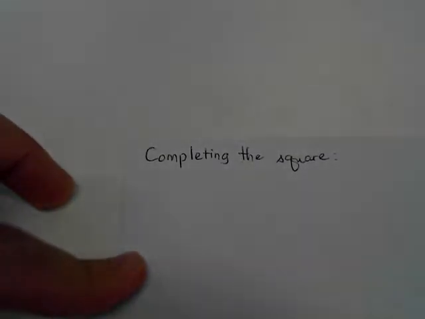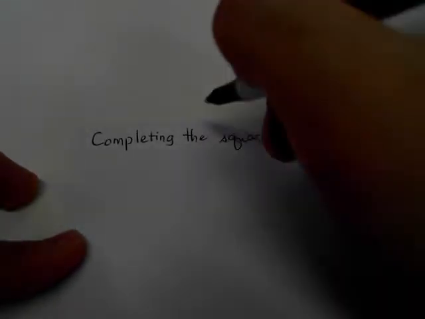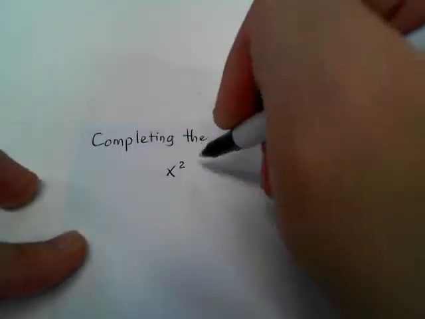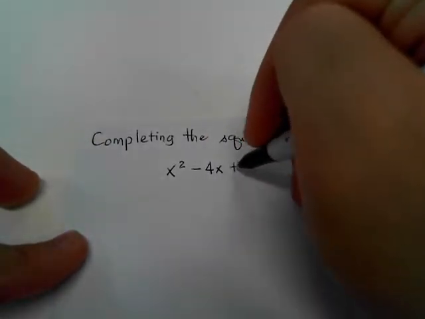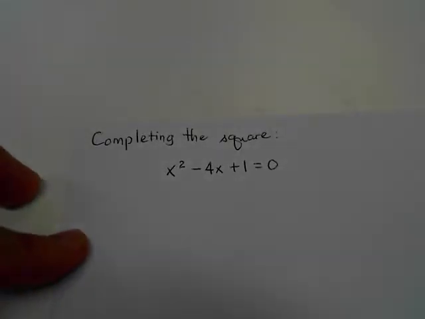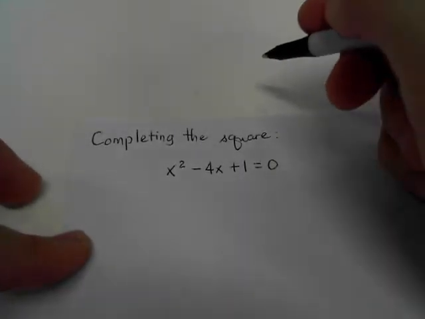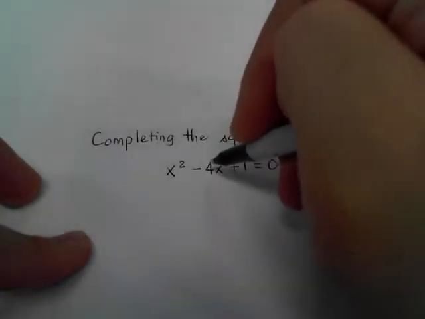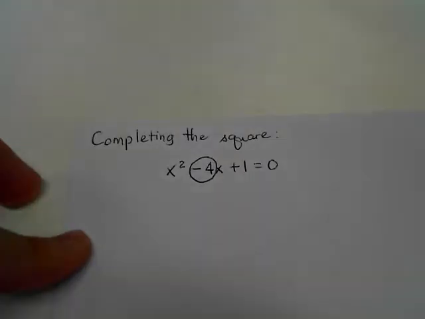Okay, for completing the square, as we know, if we have an example of x squared minus 4x plus 1 equals 0. In this case, what we need to do is circle the middle term, the value itself, minus 4.